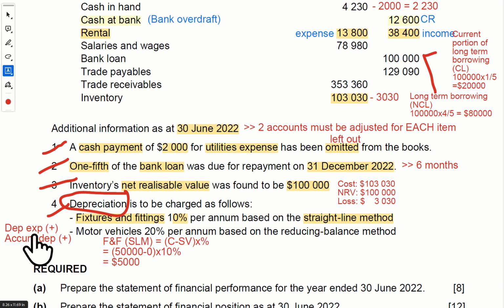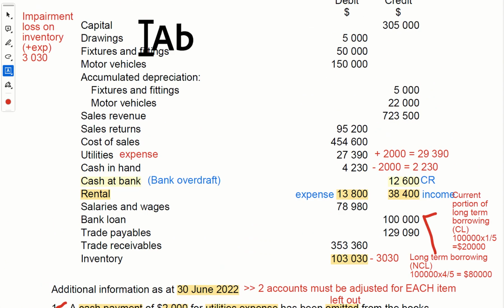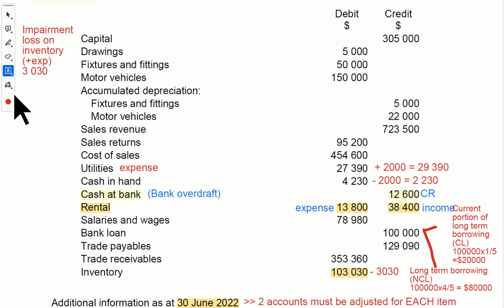Firstly, depreciation expense of 5,000. I looked through the trial balance, but I don't see any depreciation expense. So I need to open a new account called depreciation expense of fixtures and fittings. Of course, it's going to be quite messy if you write out the full name.